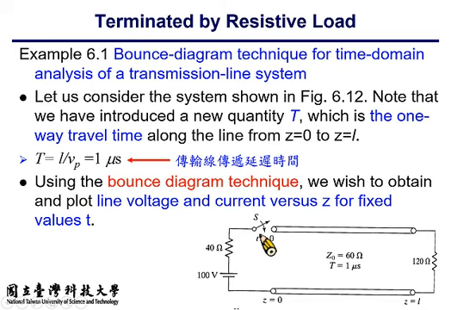For this circuit, we are assuming that the time delay of the transmission line is 1 microsecond, which is on the order of about 200 to 300 meters, depending on the velocity of propagation on this transmission line. So 1 microsecond equals 300 meters in free space propagation.